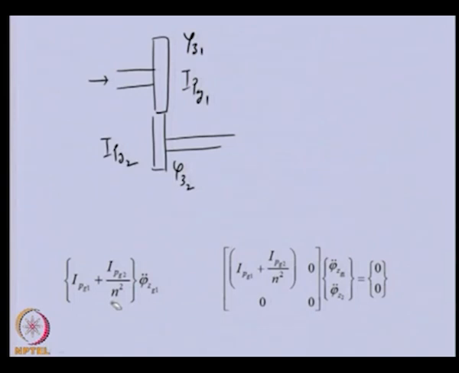This is the gear ratio. So, this is the total inertia of both the gears at this node, and this can be written in this form corresponding to the angular displacement at 1.